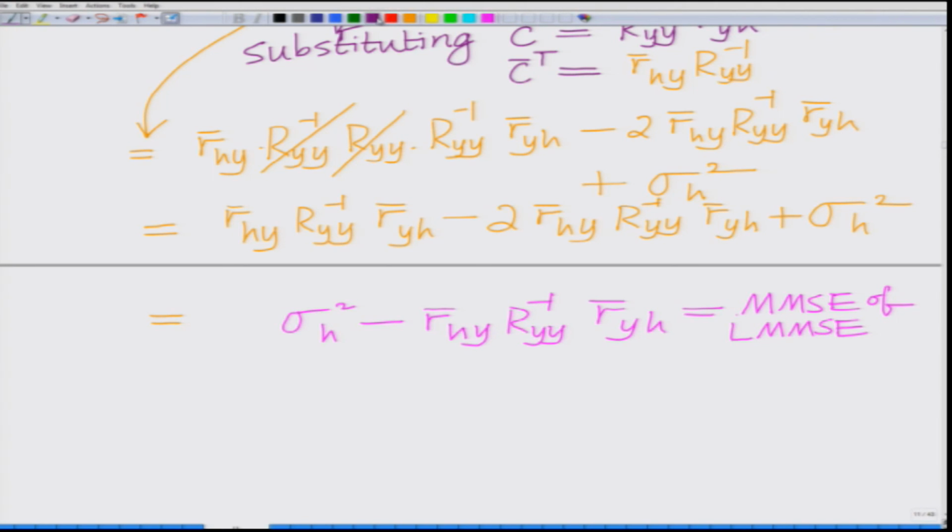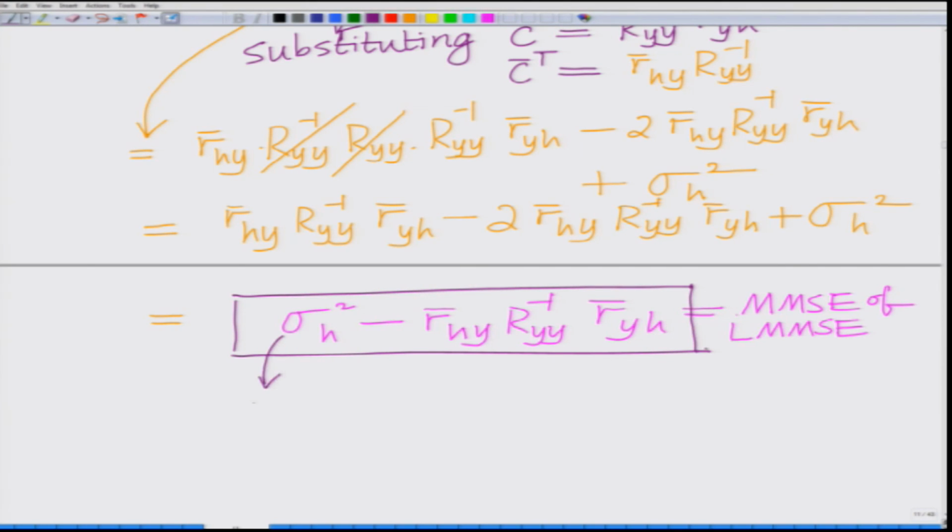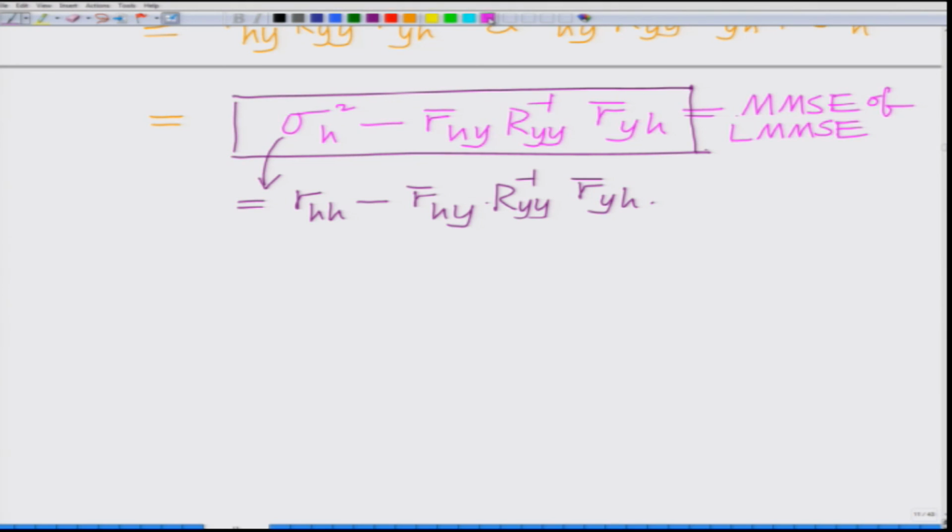This is the expression for the minimum mean squared error, and you can also write this as RHH minus R bar HY RYY inverse R bar YH. Let us write the various quantities again. RHH is expected value of h square.